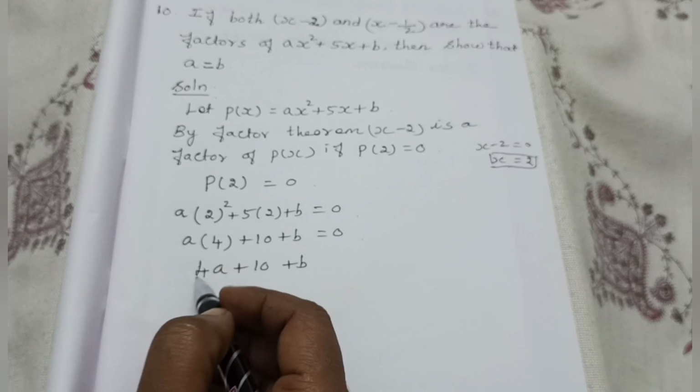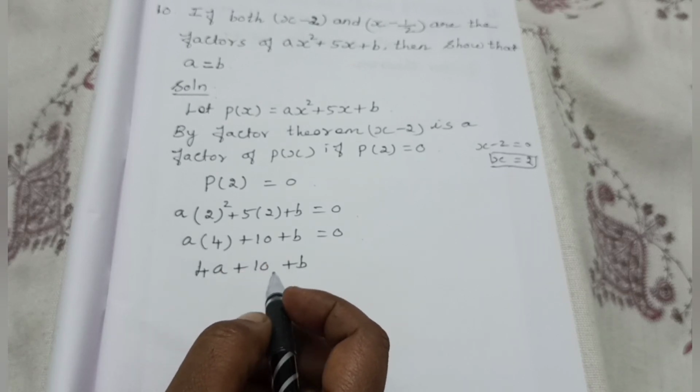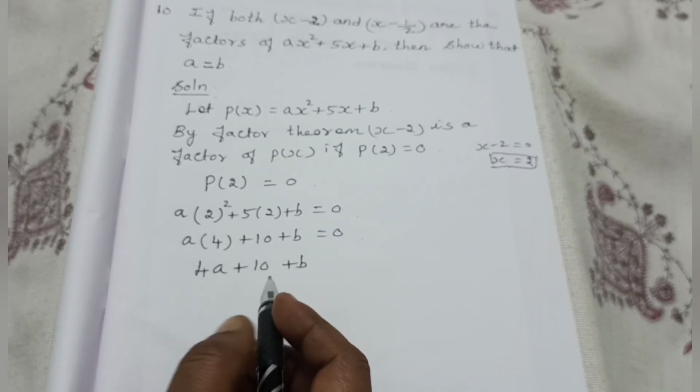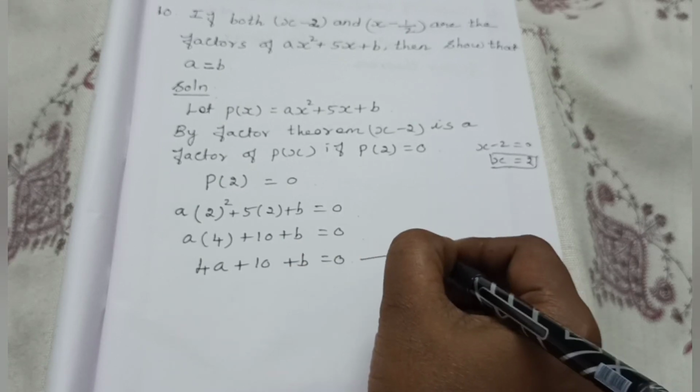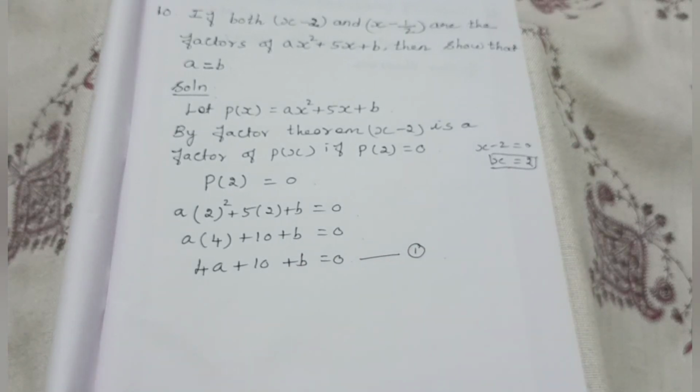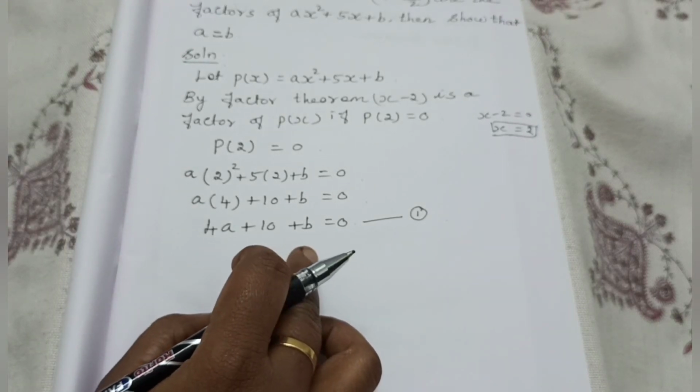Can you add any like terms here? No, we cannot add. So 4a plus 10 plus b equal to 0, we take this as equation 1. We cannot reduce this one.